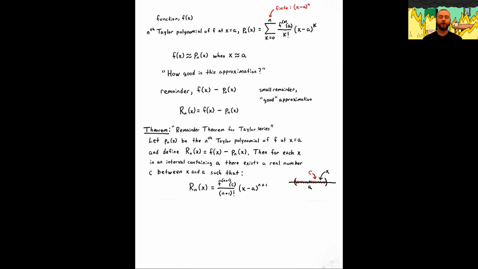All right, what we covered earlier with stating the Taylor or Maclaurin series was a way to calculate the nth coefficient with nth derivatives. What this theorem says is that we want a way to quantify the value of our remainder.